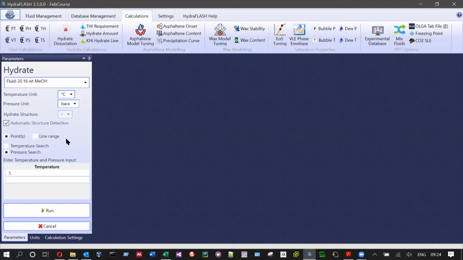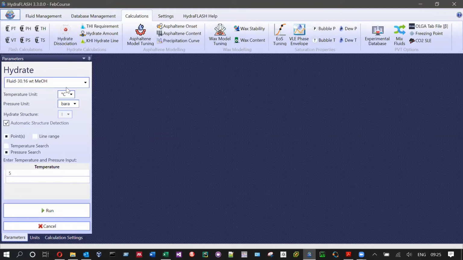But this option enables the software to give you the most stable hydrate structure form in the system. So you don't need to calculate structure 1 and structure 2, then compare them together. So it gives you the most stable structure.